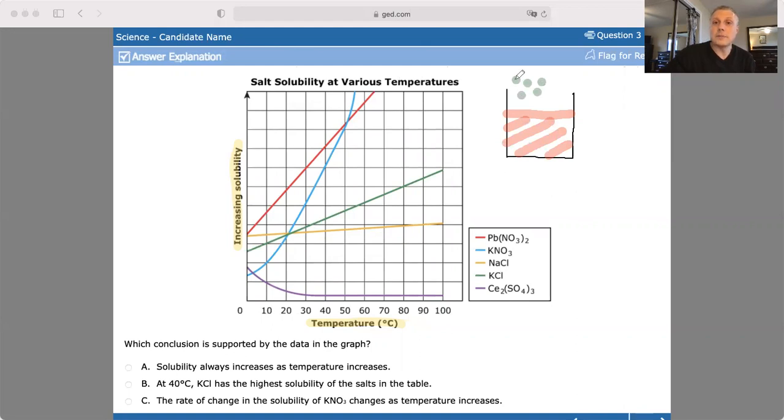So you have some solid particles, and you want to dissolve these solid particles inside this liquid. So when you start dissolving them, you pretty much are talking about solubility.